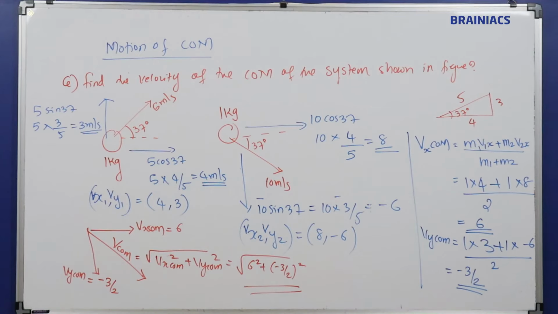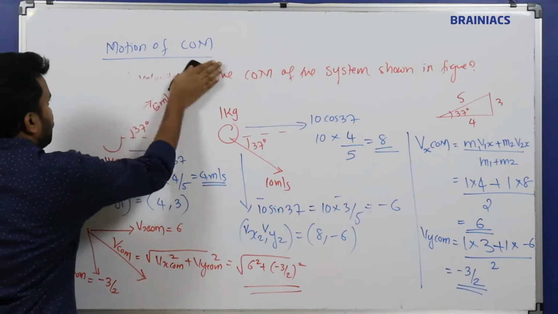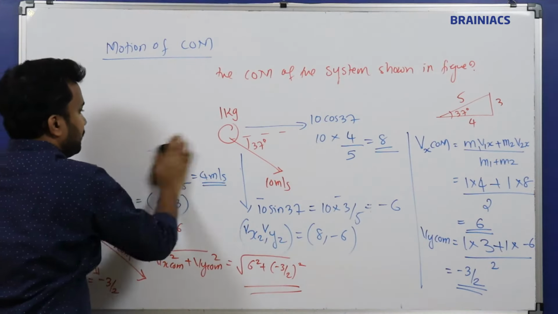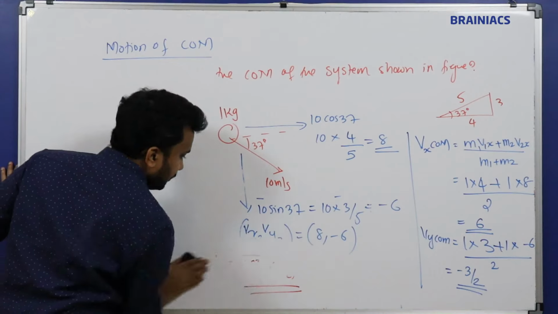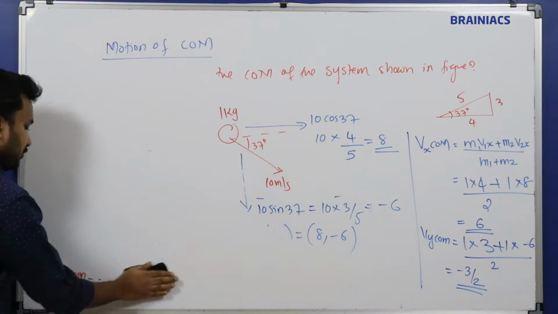Great. So let's move to the next question. With respect to position change we have done one question, and with respect to velocity change we have done one question. Now we will do one question with respect to the acceleration change.